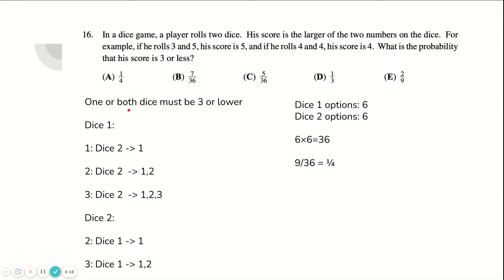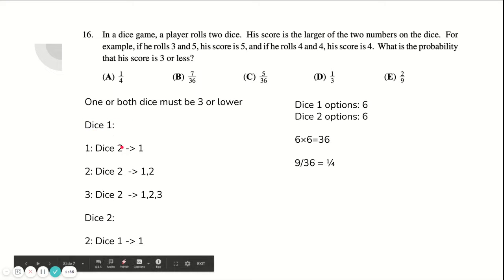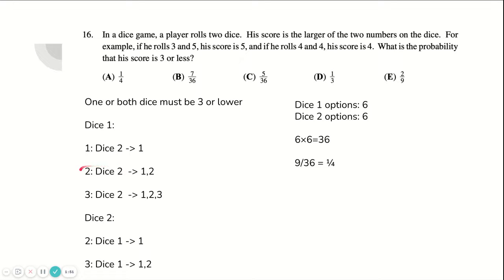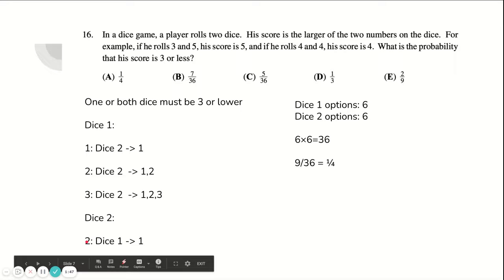We see that because the score is the larger of the two numbers on the dice, the dice must have 3 or lower. We can see that it can either be dice 1 or dice 2, because if we have dice 1 being, for example, 2 and dice 2 being 1, then here we can also have dice 2 being 2 and dice 1 being 1.